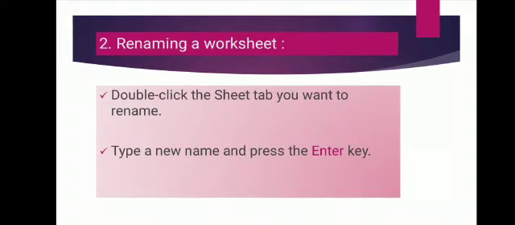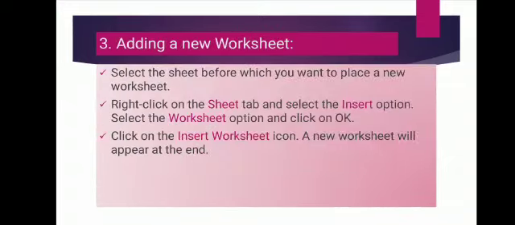Then type the name and press enter key. Now how to add a worksheet. Select the sheet before which you want to place a new worksheet. Now right click on the sheet tab and select the insert option. The insert dialog box will appear and select the sheet and click OK.